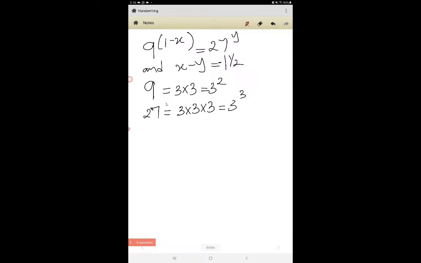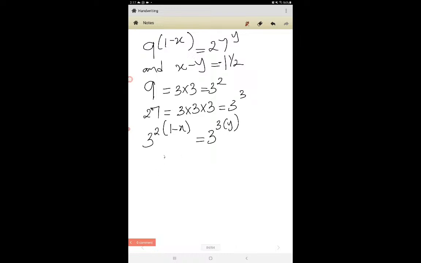Therefore, if you want to solve this, since 9 is 3 square, we now have 3 squared onto 1 minus x is equal to 3 raised to power 3 multiplied by y.